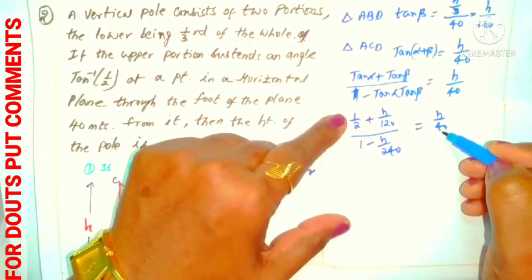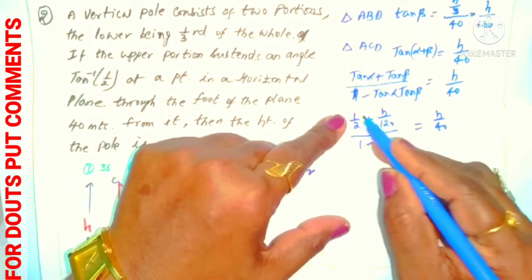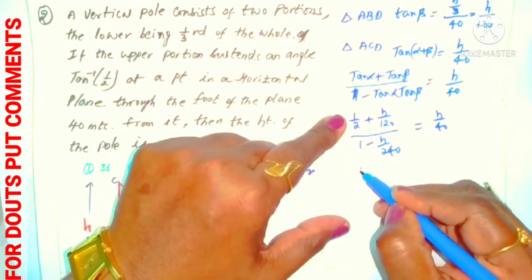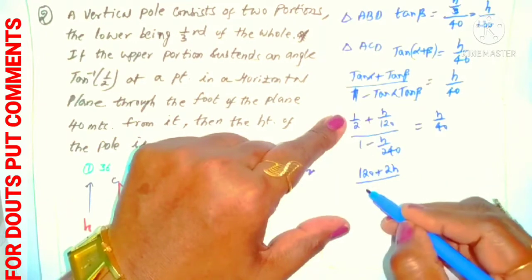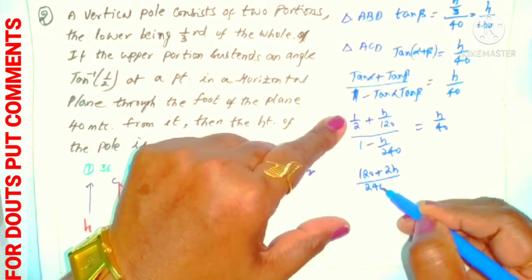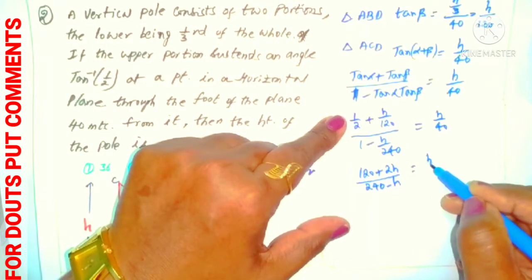But take the LCM here. The LCM is 2 into 120, 240. Here 240 gets cancelled. In the numerator, what will come? 120 plus 2h by 240 minus h. You can minimize the calculation part, guys. Then only can you save time.